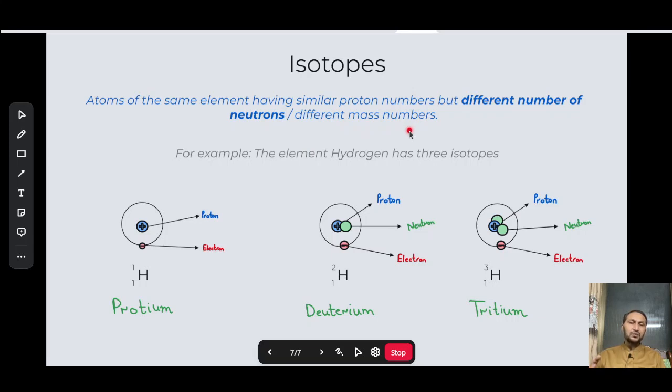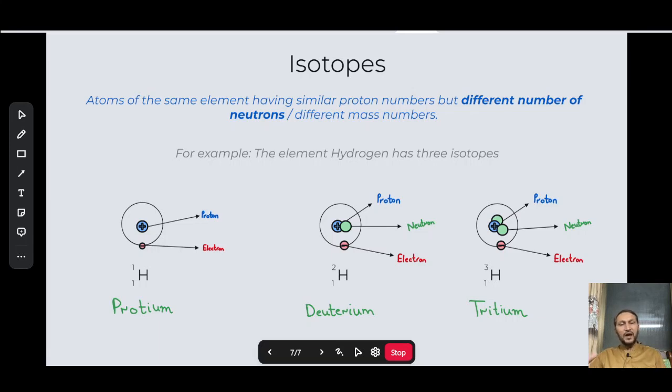It means that isotopes belong to the same element. The elements are the same, but what is the difference? The difference is in the number of neutrons. If it is the same element, the number of protons will be the same, the number of electrons will be the same, the orbits will be the same, and the chemical behavior will be similar.